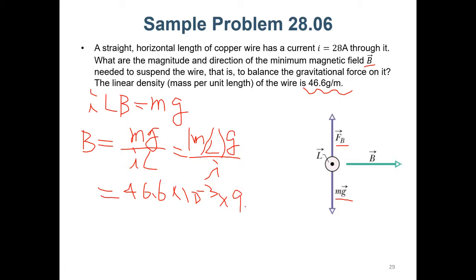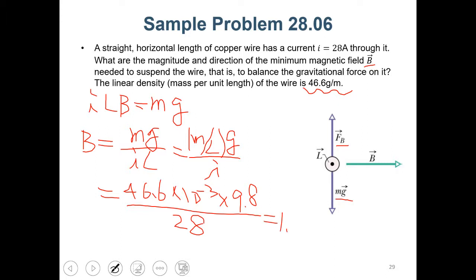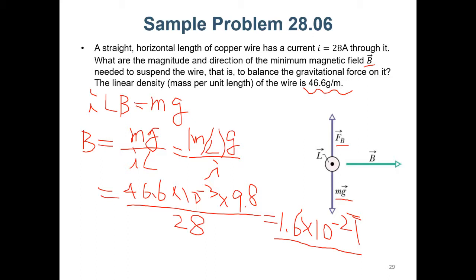And this is 9.8 meters per second squared, divided by 28. So the magnetic field is 1.6 times 10 to the minus 2 T.